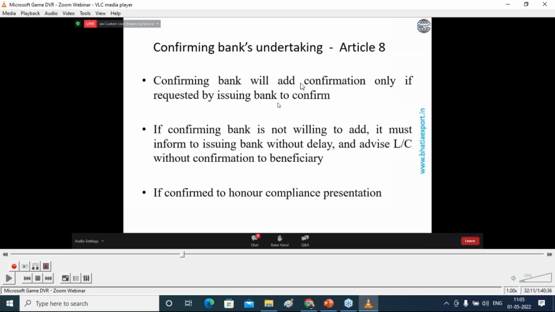The confirming bank will add confirmation only if requested by the issuing bank. Intermediately there is a confirming bank, but sometimes the issuing bank's country conditions are not good or you don't have faith. Let me give examples.